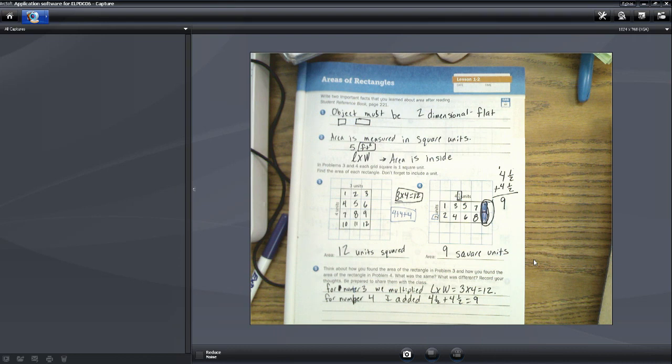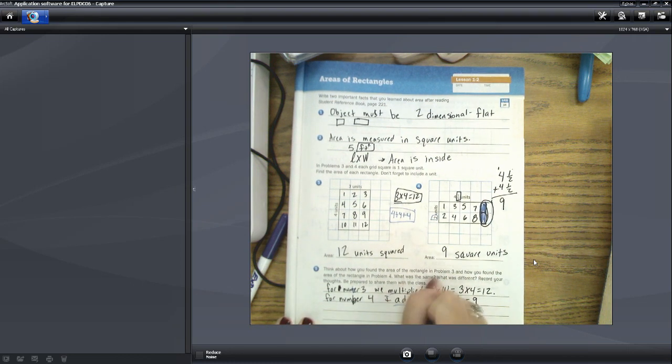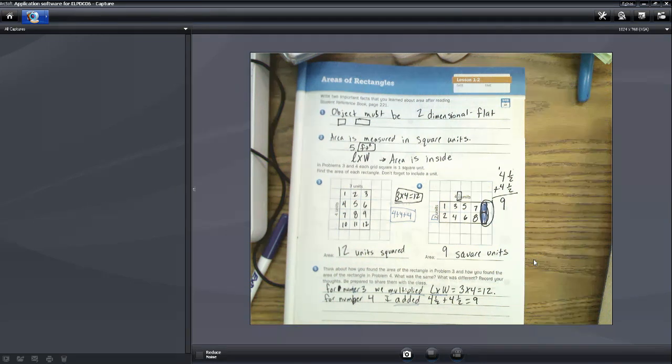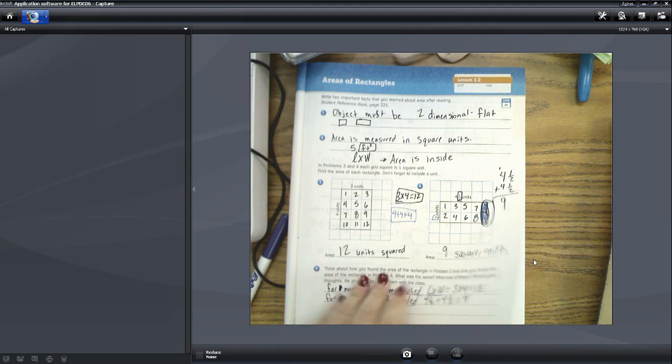For number 4, I added 4.5 plus 4.5, and that equals 9. Now on this answer, I used a few math words. I talked about length times width, so I did use that. So keep that in mind when you're answering these questions. You need to use some of those math terms too. Okay. All right, now we're going to move on to the next page.